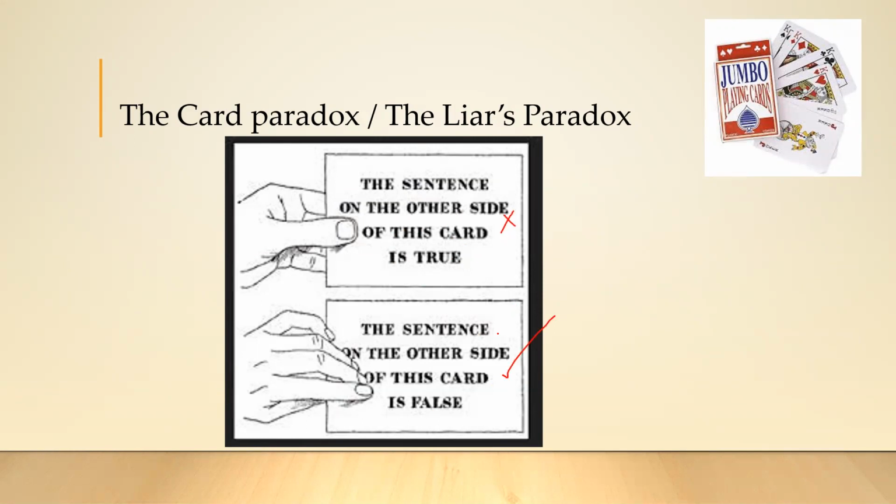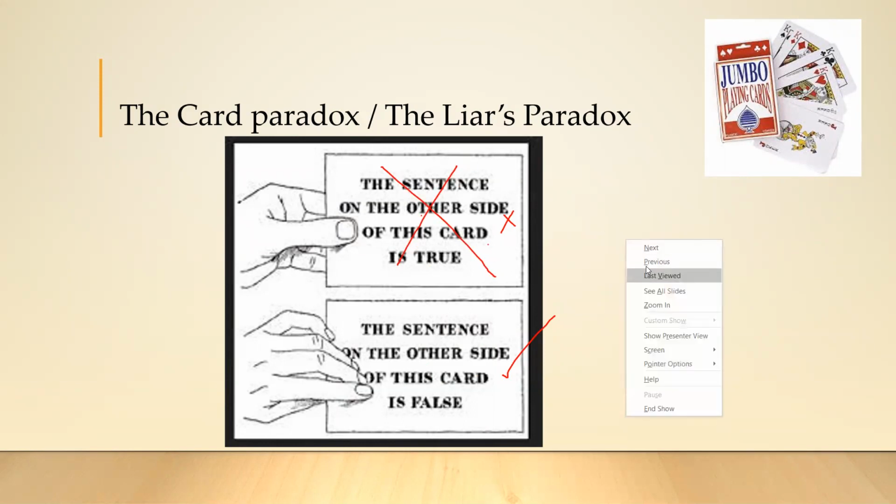So actually it is a paradox. When you look from one angle, it is true. When you look from the other angle, it is false. So you can't say which side of the card is false and which side of the card is true. Now first, if you look at the second part, the sentence on the other side of the card is false, which means whatever is written here, it is false, which means this whole thing is false.